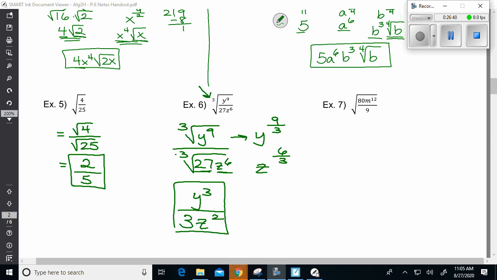So if you see it sitting as a fraction, split it apart. So the easiest part in all this is the denominator. Square root of 9 is 3. So we know that the bottom is 3. It's the top that has to be dealt with.